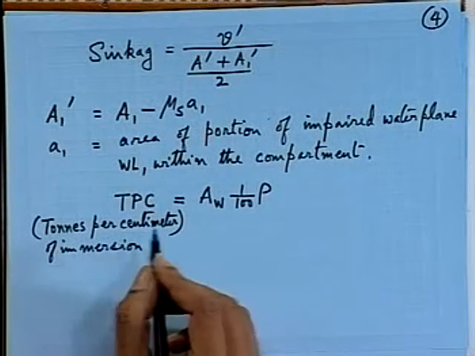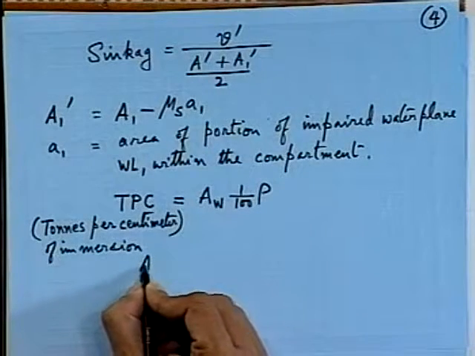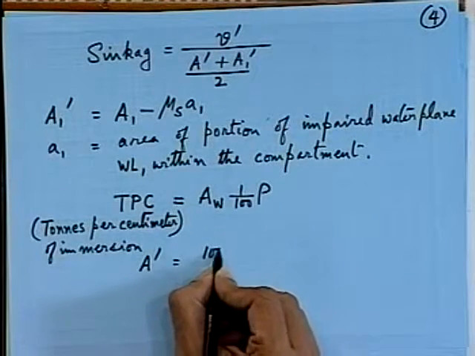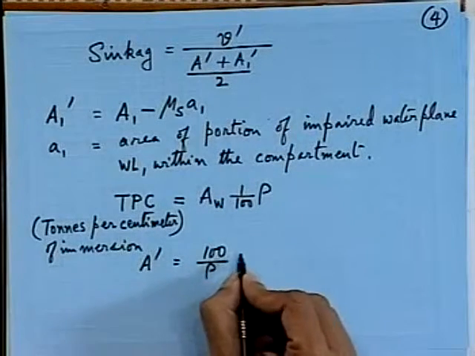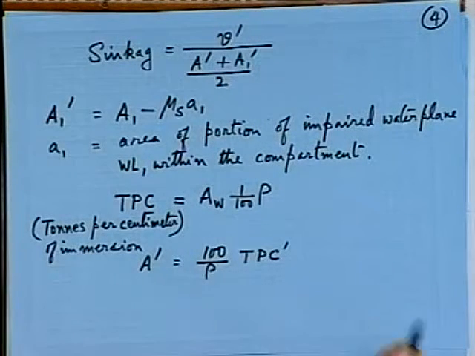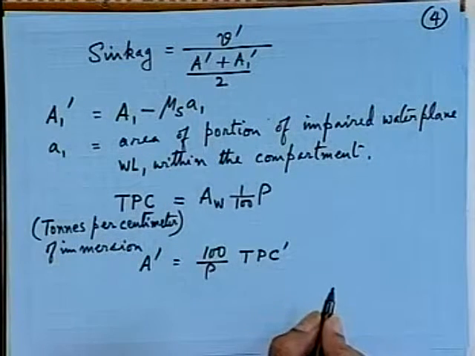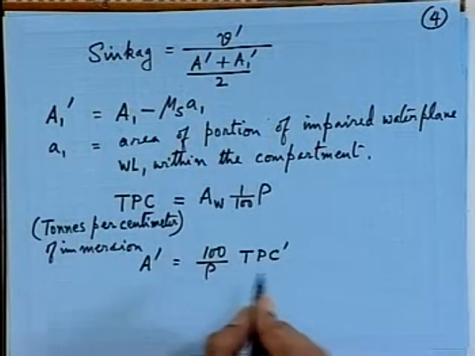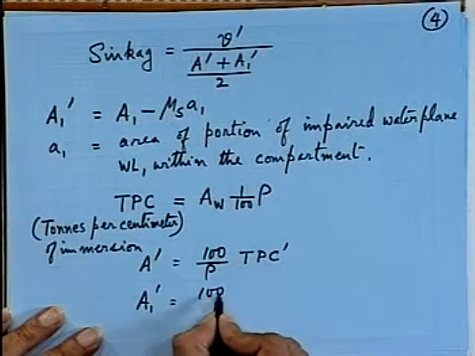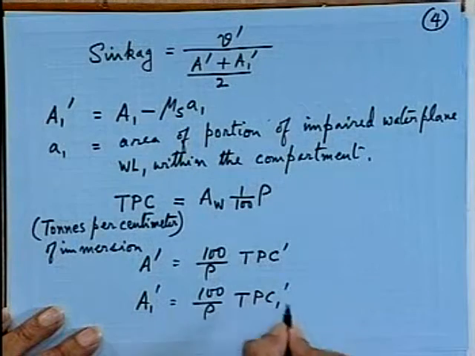So this A prime will be how much? A prime I can write as 100 divided by rho into TPC prime. Prime means your calculation is based on the intact portion of the water plane, and A1 prime is again 100 divided by rho TPC1 prime.